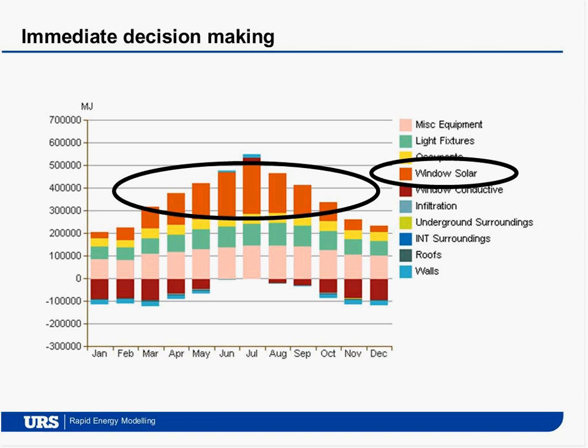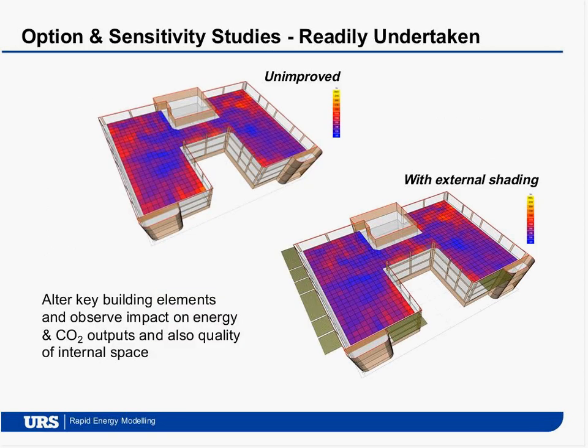But this shows the solution bears out and quantifies the level of solar gain through the windows, and leads us then straight to looking at glazing options, so solar film, different options to cut down that solar gain. So it has us focus on decision making straight away.